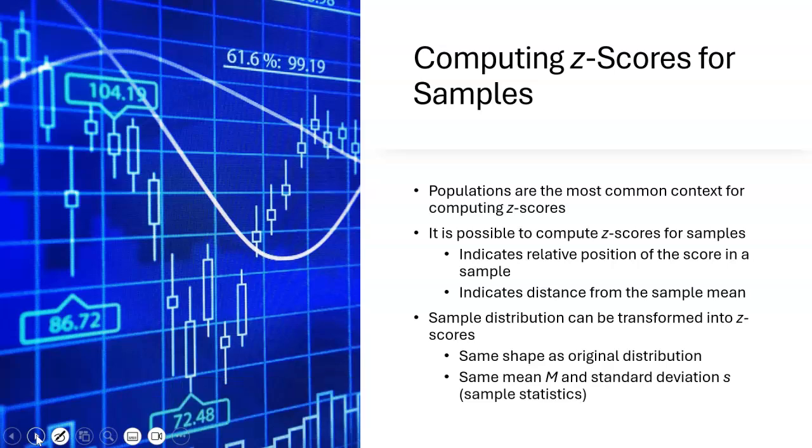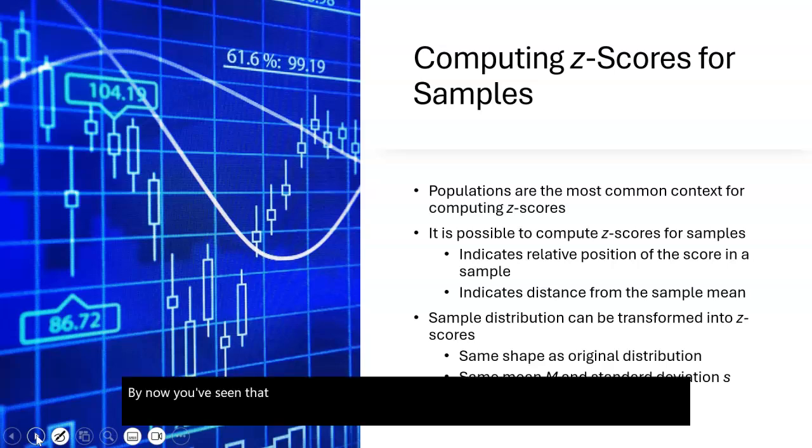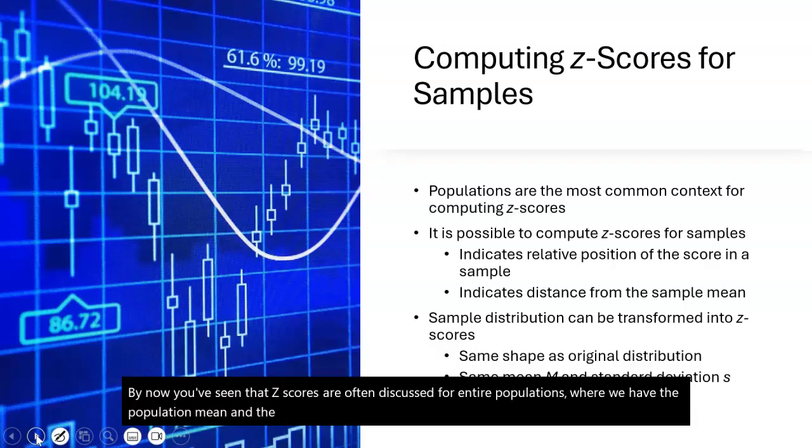By now, you've seen that z-scores are often discussed for entire populations, where we have the population mean and the population standard deviation. But it is also possible to calculate z-scores on smaller samples within that population.